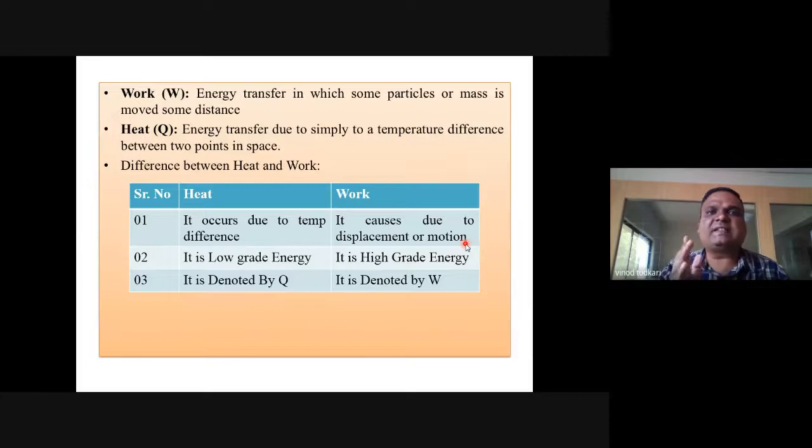It need not be linear displacement. It can be rotary displacement as well. See, in case of shaft work, we say that whenever rotation is there, work is there. Right? So work is due to displacement or motion.